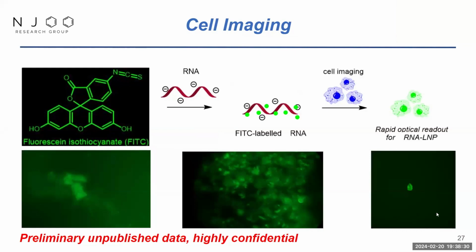As you can see here, our cells, much to our delight, did in fact have green fluorescence. This indicates that our LNPs were successfully delivering the mRNA into these cells, which is very exciting.